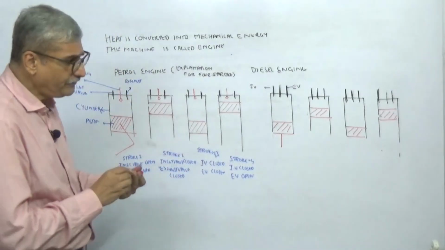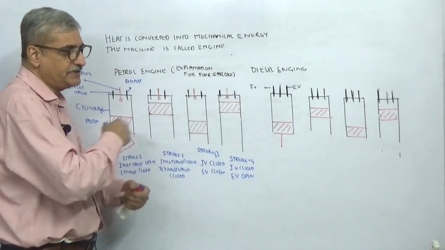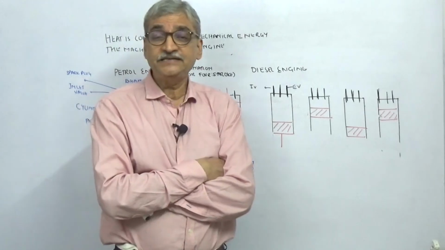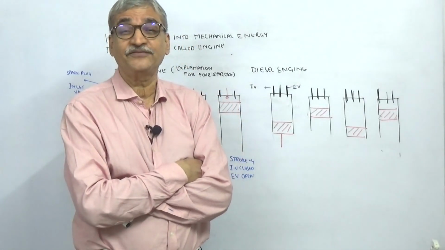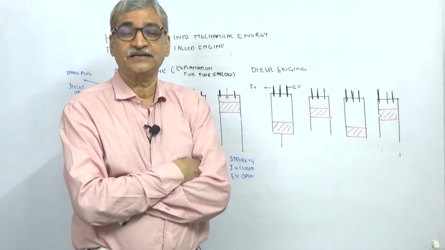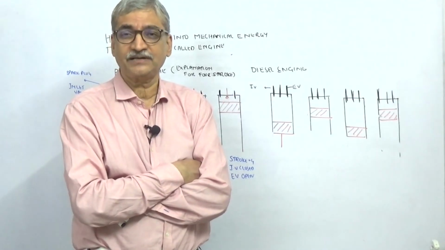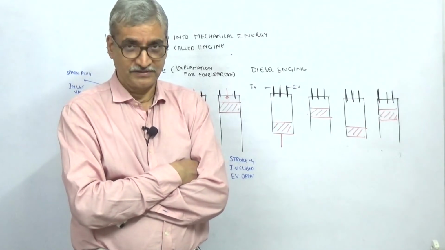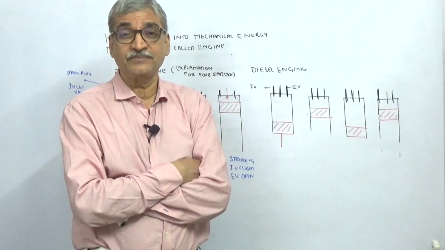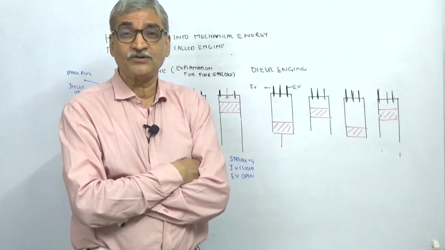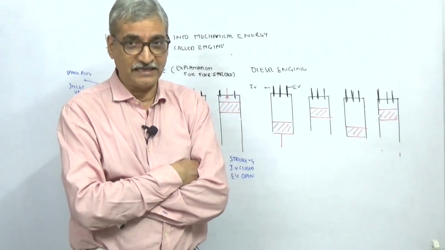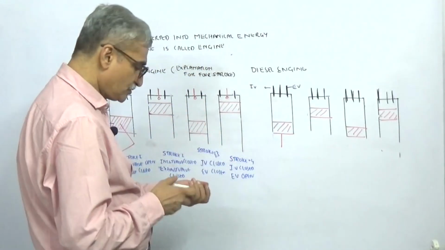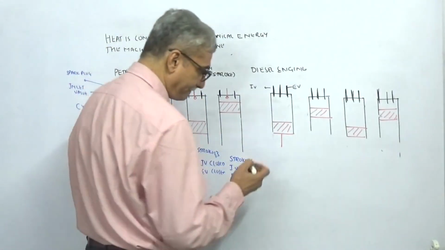One very important difference between a petrol engine and a diesel engine is that a diesel engine does not have a spark plug. So obviously then the mystery remains, what is causing the fuel to burn? I'll explain. So what is stroke 1 here?